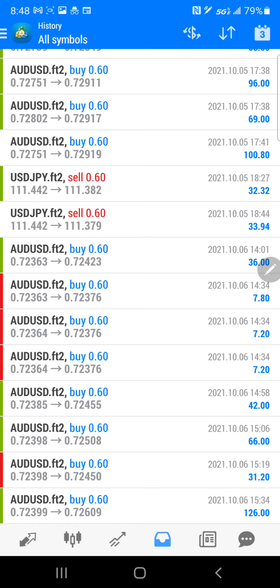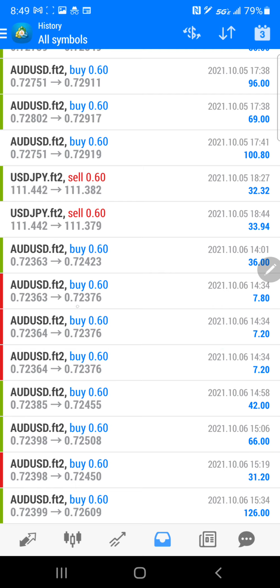So as you can see, the trade did go in my favor. It caught the first take profit. It couldn't quite reach my second take profit. When I manage my trades, if I hit my first TP, normally I'll move my stop loss up, and that's what happened right here.